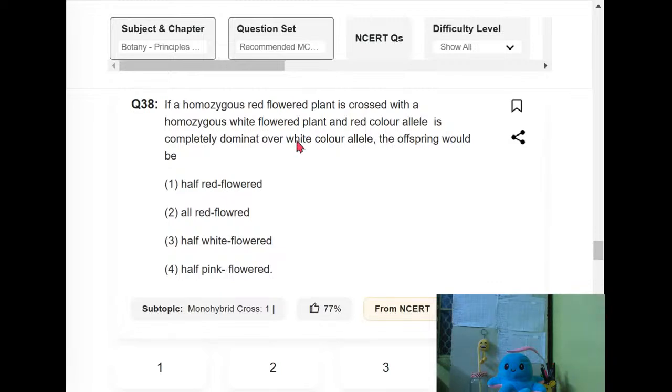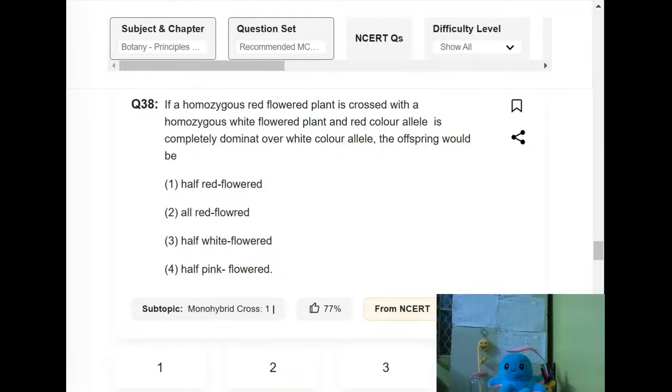If a homozygous red flower plant is crossed with a homozygous white flower plant and the red color allele is completely dominant over the white color allele, the offspring would be: half red flower, all red flower, half white flower, half pink flower.